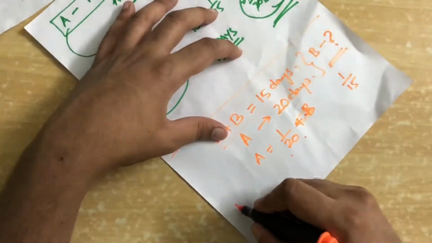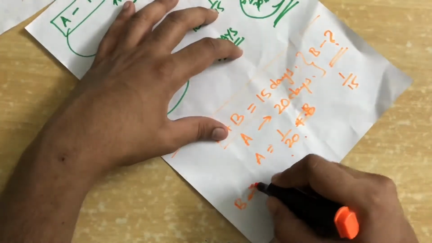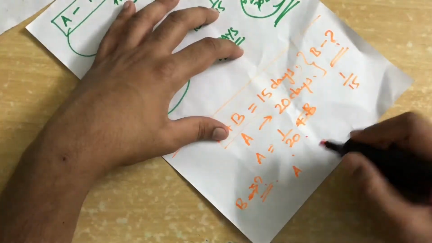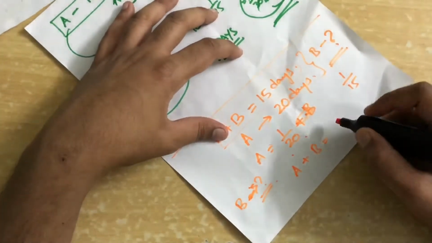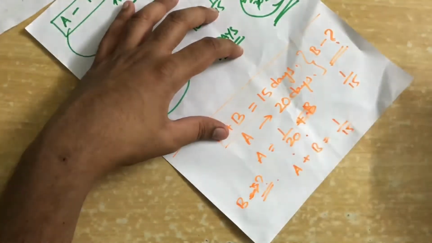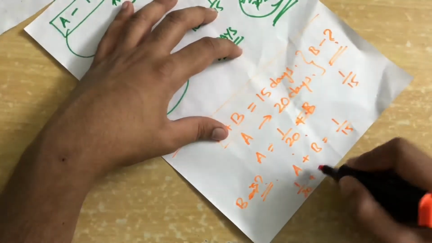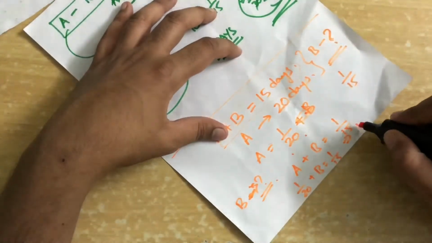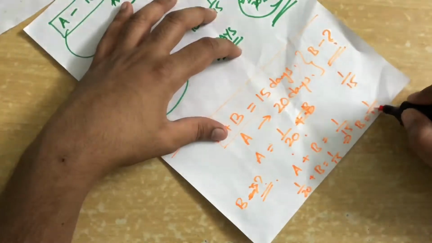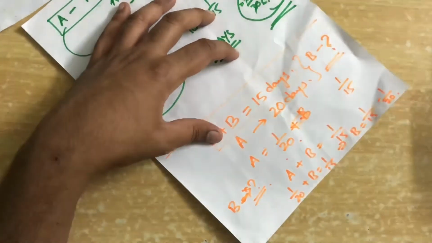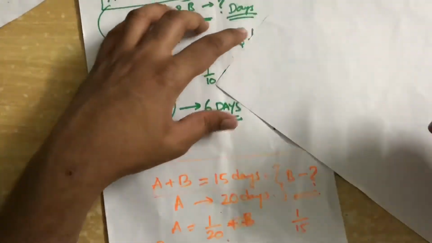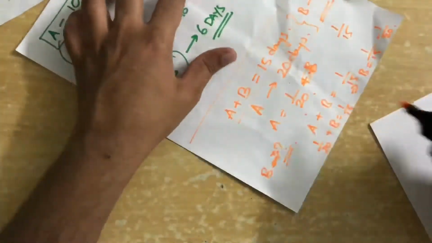So now, to know how much work B is doing each single day, we have A plus B is 1 by 15th of the work, and A is doing 1 by 20th of the work. So what does that give you? B does 1 by 15 minus 1 by 20. So what does that give you? 1 by 15 minus 1 by 20. I'll use this.